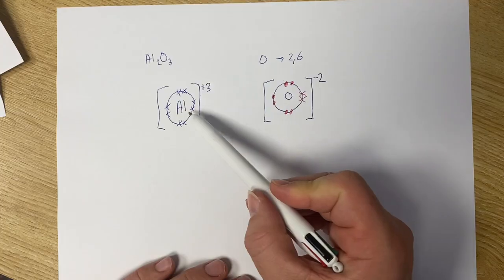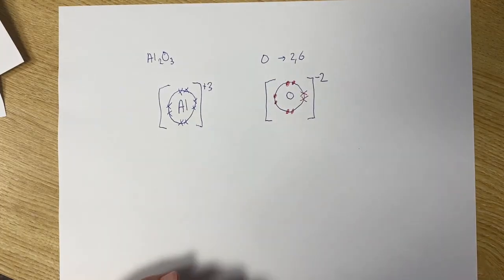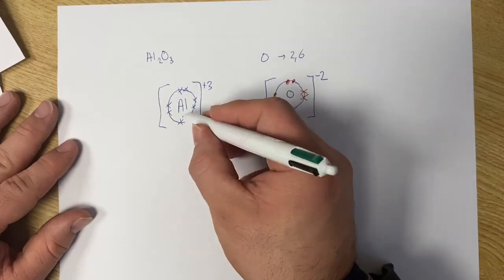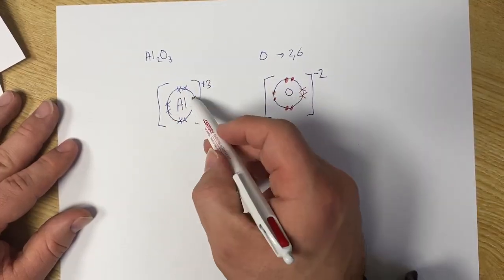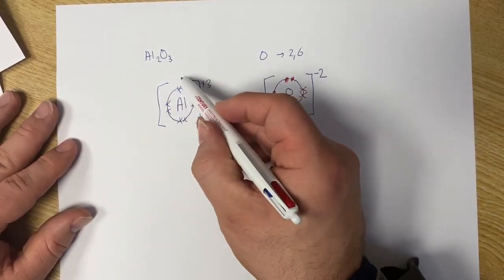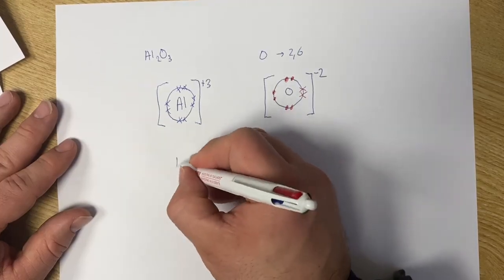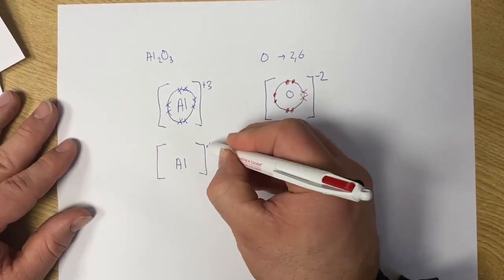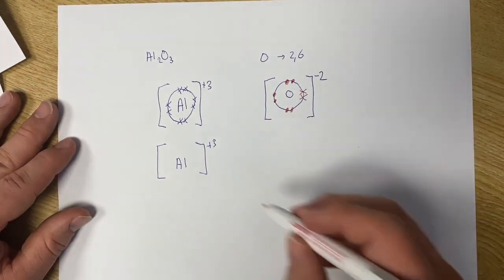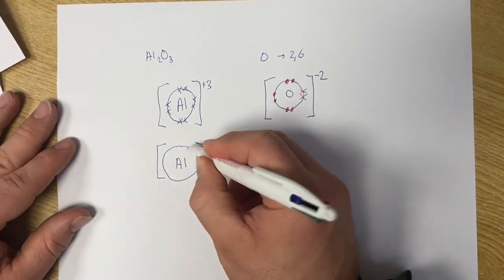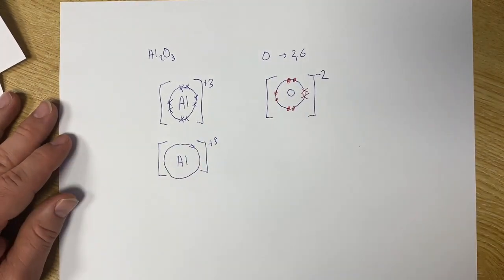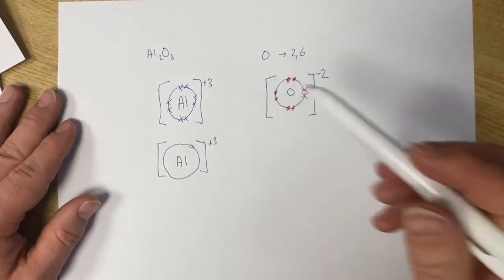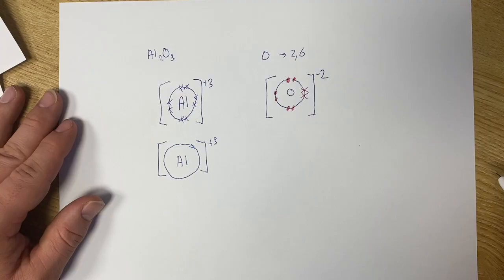Metals, remember, are really simple. You can always draw them the same way. One thing I'll mention about metals is you can actually draw them even easier than this, because it's a full outer shell. Instead of drawing the full shell here, you could actually draw the empty shell that's left over. So it would also be acceptable to just simply draw that for a metal, and actually not even show the crosses, because you're showing the empty shell where those 3 electrons have gone.